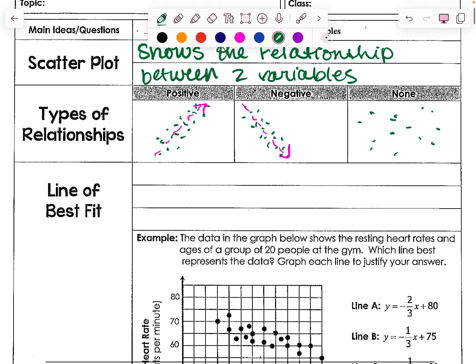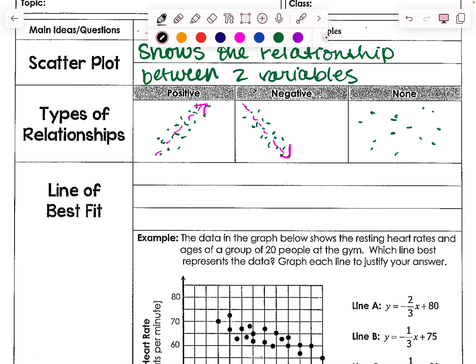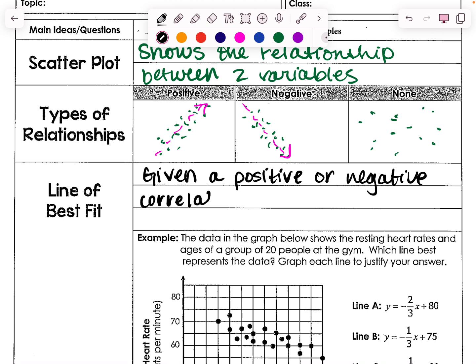So then the line of best fit says given a positive or negative correlation. And when we say correlation, that's how they relate together. Okay, so what is the relationship between them?